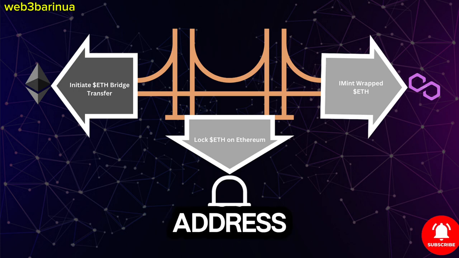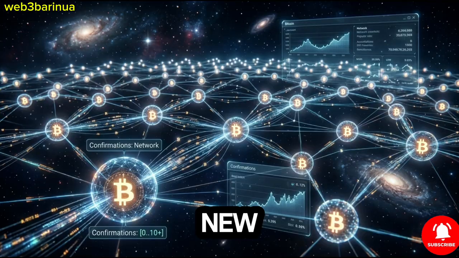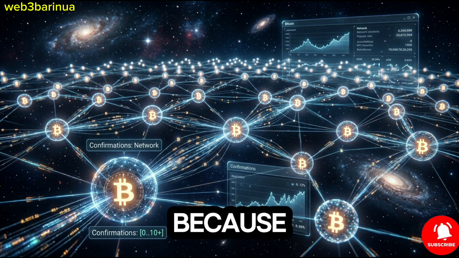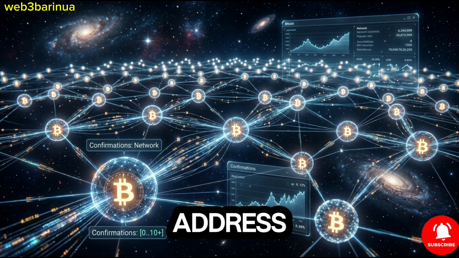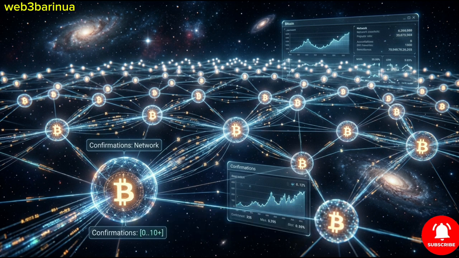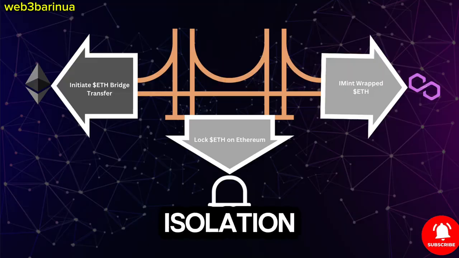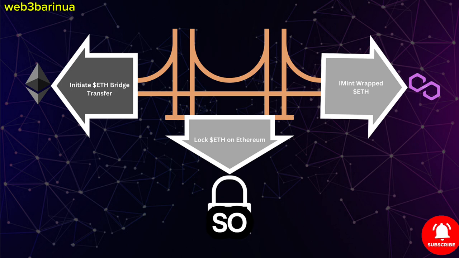The address where your BTC is sent looks very new at times because bridges often generate a unique deposit address per transaction for tracking who sent what, security isolation, and preventing mix-ups between users. So seeing a never-used address is actually very normal when you're bridging your coin.